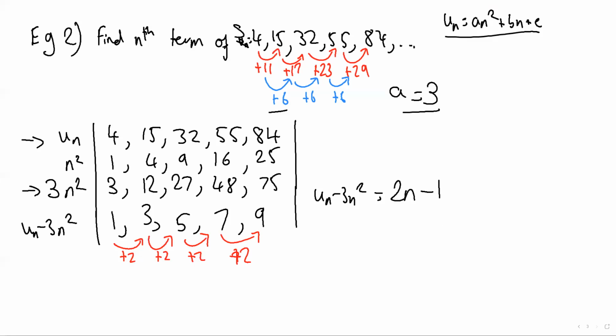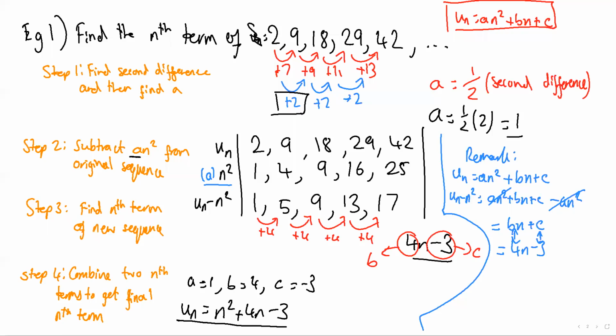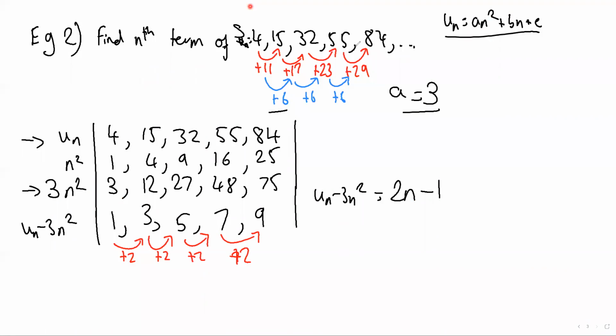That's our third step, which is to find the nth term of the new sequence. Now we just have to combine these together. We know that a is 3, so u_n equals 3n squared, then this is b, so we get 2n, and this is c.